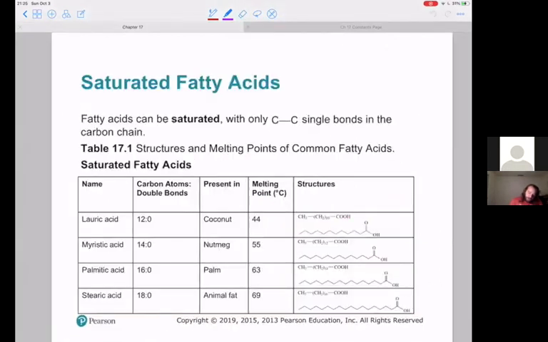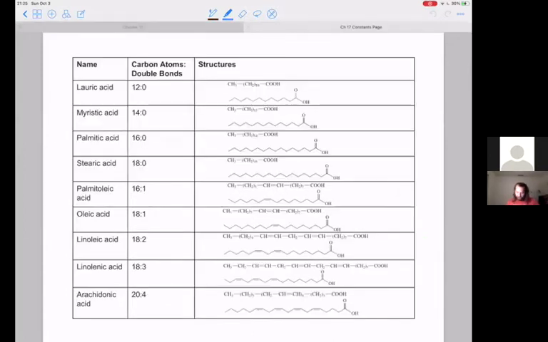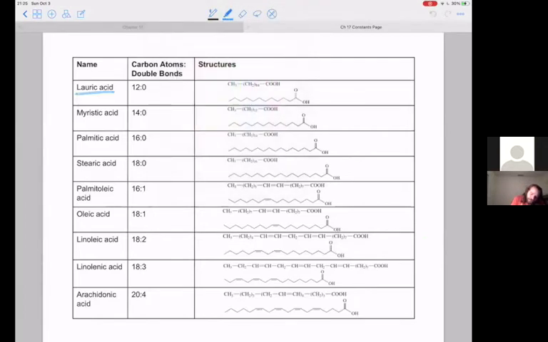Let's take a look at some saturated fatty acids. These are the names. We're not going to memorize structures, just like we didn't with our carbohydrates, but I want to show you what you're going to be given on an exam, and what you're going to be using when you do your homework, a chart like this. I tell you the name of the fatty acid.